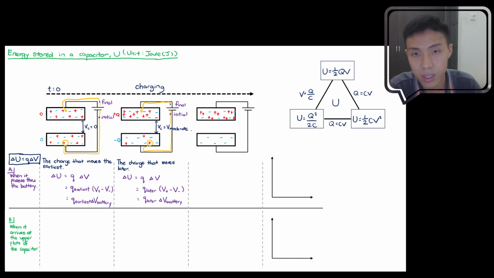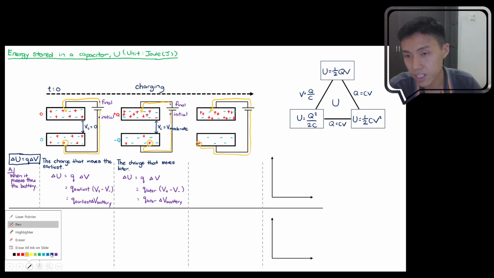Okay, the last charge that will be moving. So right now let's talk about this last charge that is going to move across this plate, move across the circuit so that it can be deposited on the upper plate. Okay, so the charge that moves last.